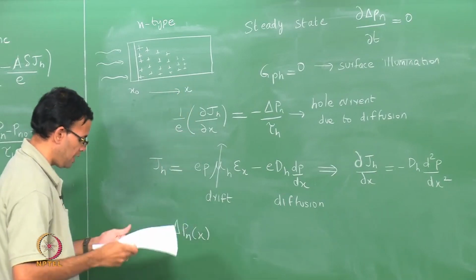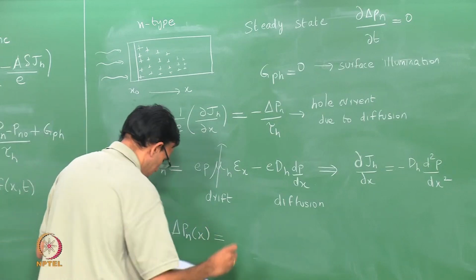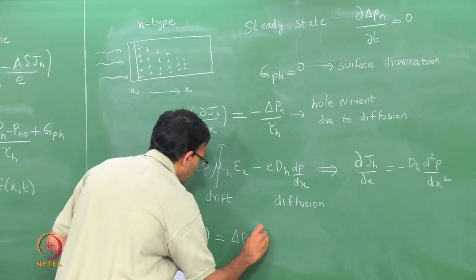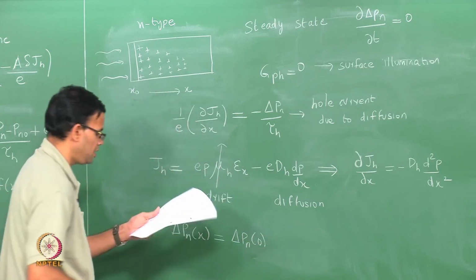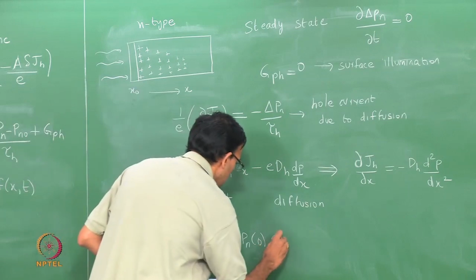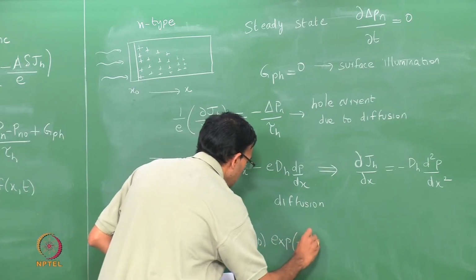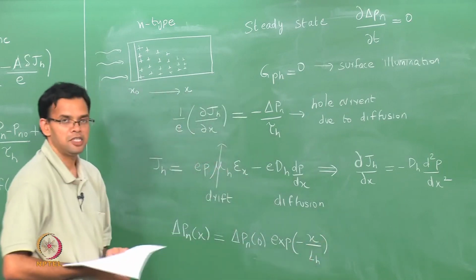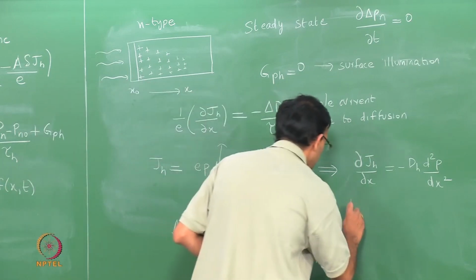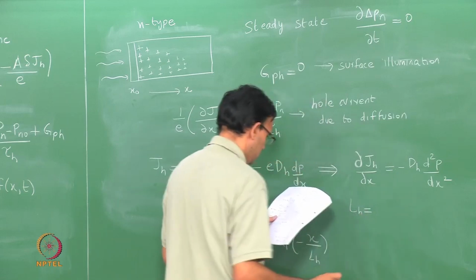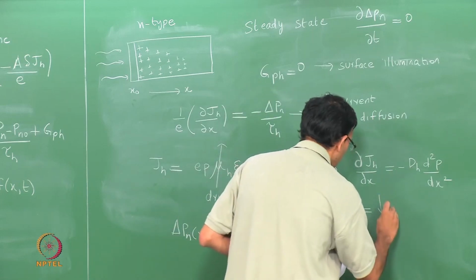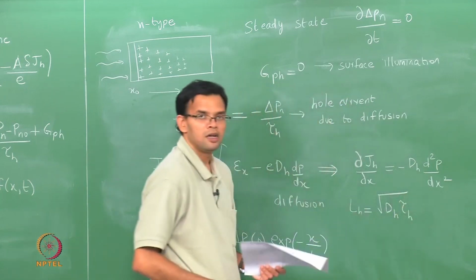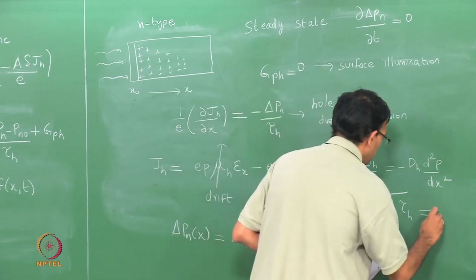So, that delta Pn is delta Pn naught, which is how many electron hole carriers that are generated at the surface, times exponential minus x over Lh. So, Lh is called the diffusion length, which is just the square root of the diffusion coefficient times the recombination time.